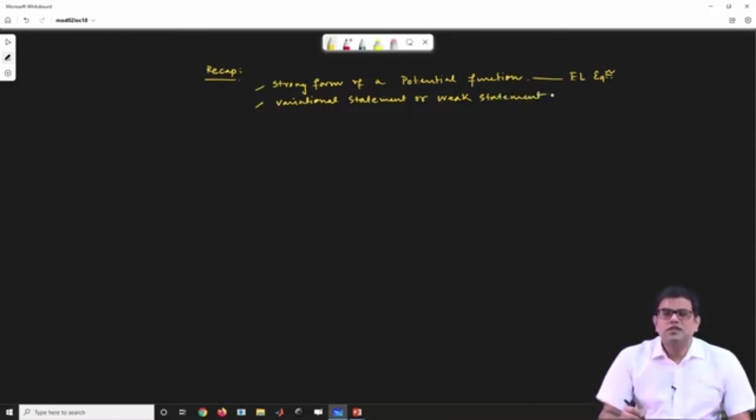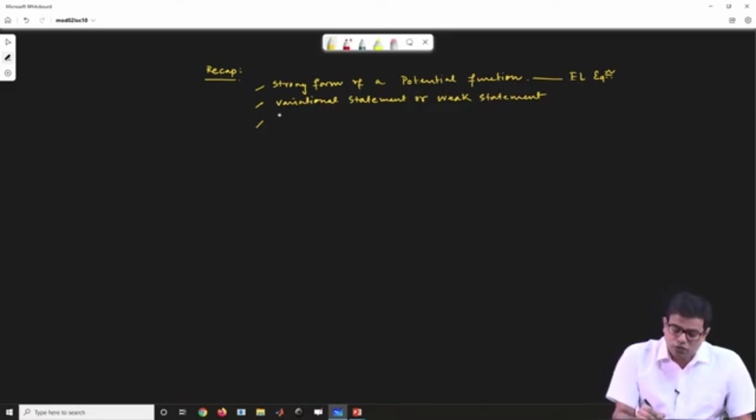This is nothing but the weighted integral method, the weighted integral form of the strong form. While doing so we also did the integration by parts, which is an important ingredient.